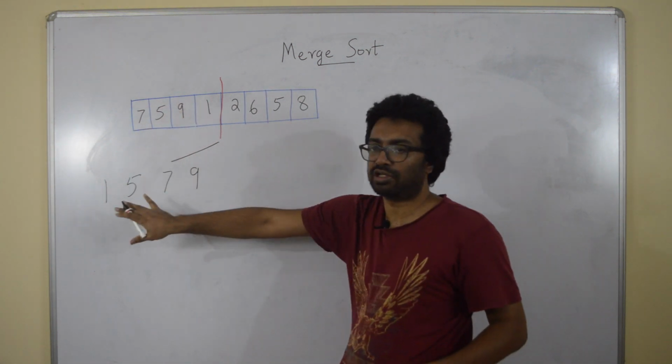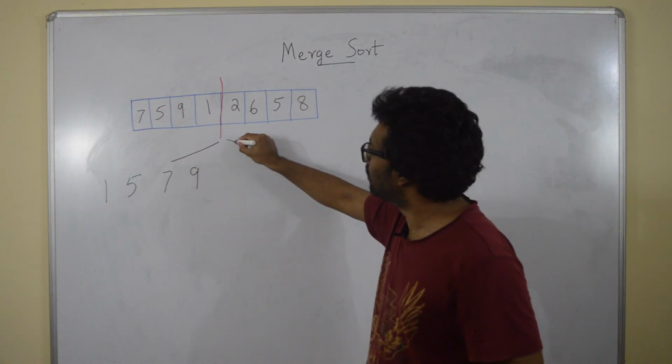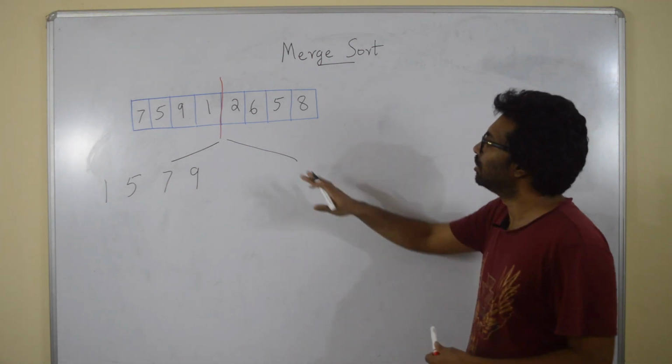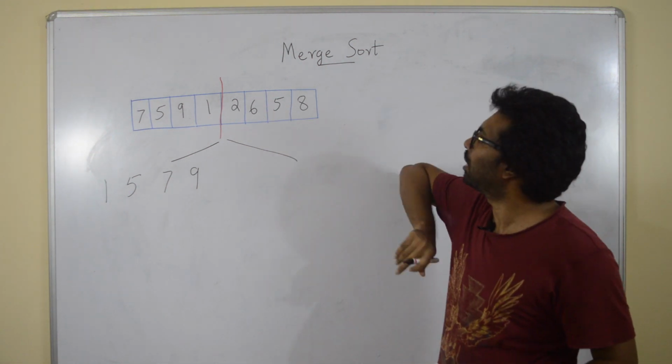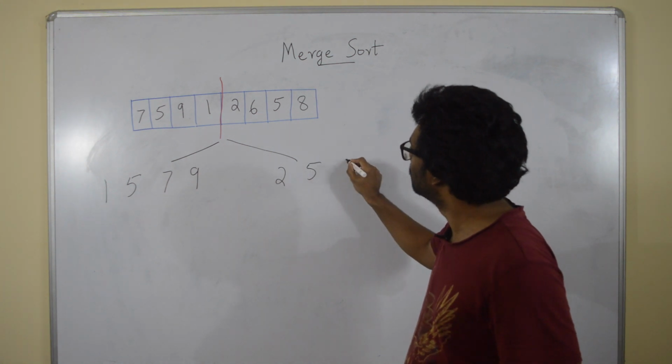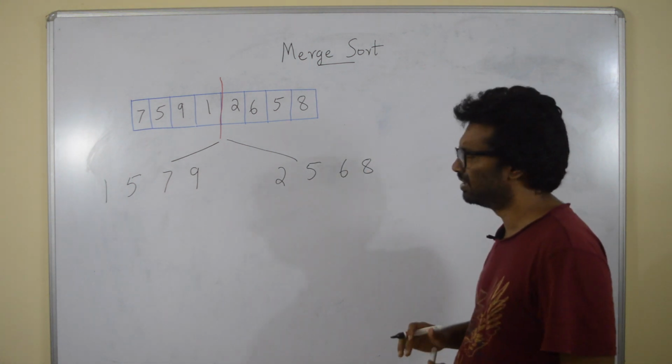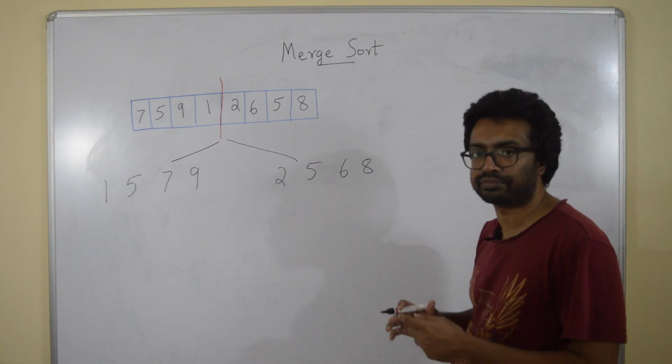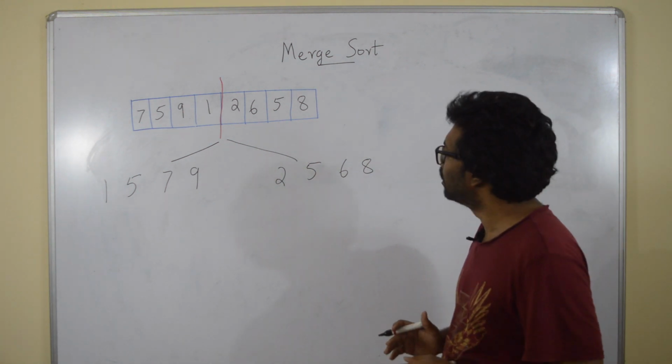And the other side will be sorted as 2, 5, 6, 8, right? So these are sorted. Is it clear?